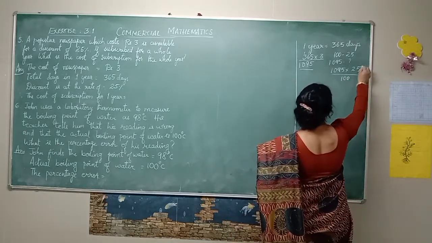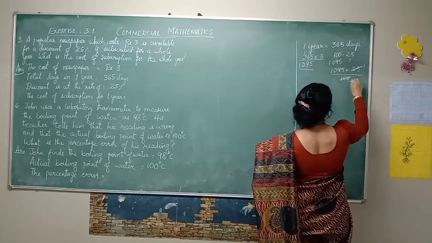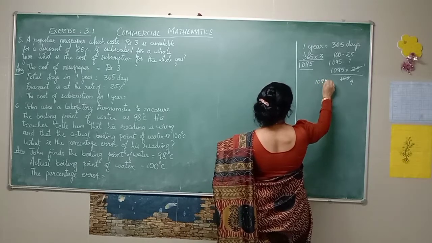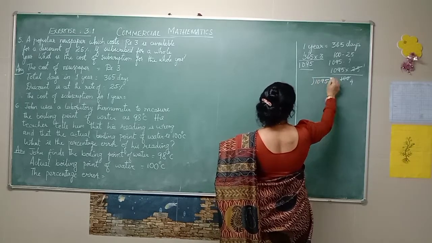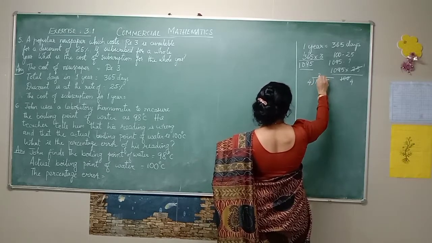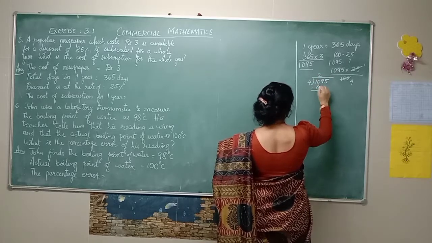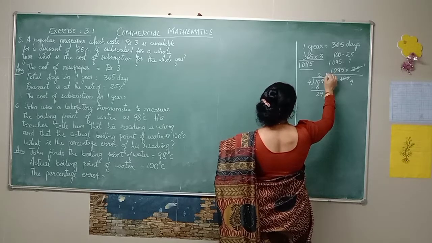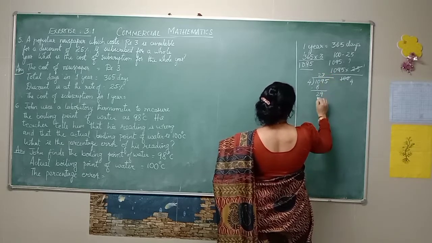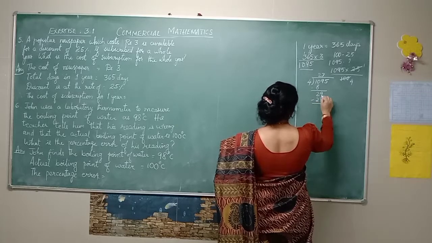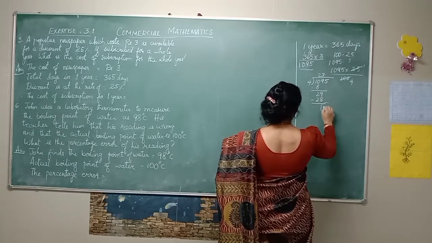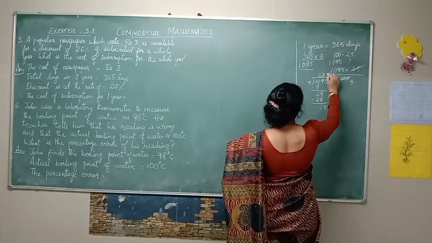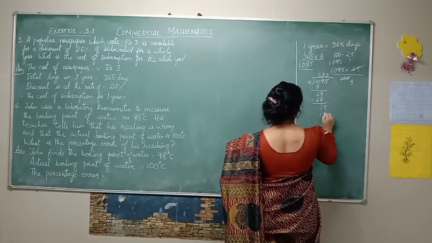So here 25 ones are 25, fours are... So 1095 divided by 4. 4 twos are 8, minus 2, bring 9. 4 5s are 20, 4 6s are 24... 4 7s are 28, minus, here we are bringing this 5 down. So 4 3s are 12.